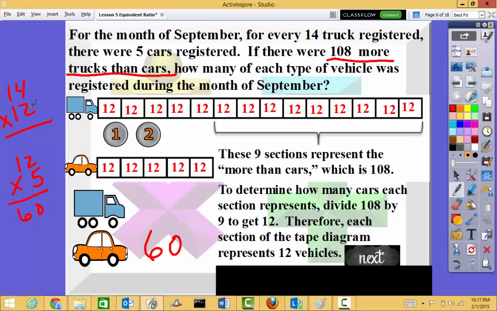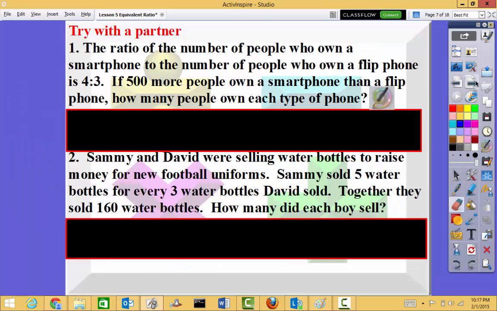That's going to take too long, or at least I think it will. So I'm just going to multiply out, and I get 168 trucks. Just to check, look, our numbers match, 168 and 60.